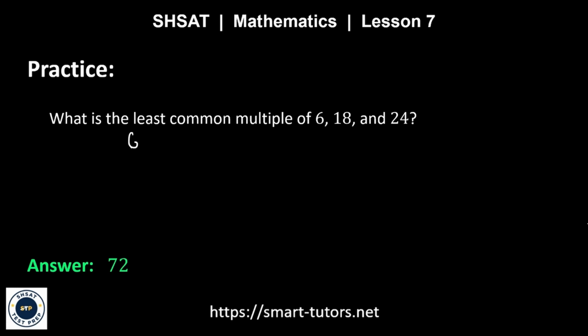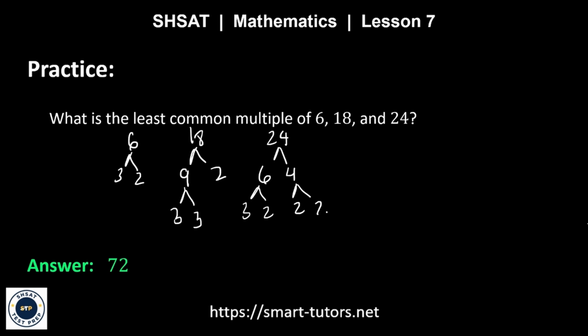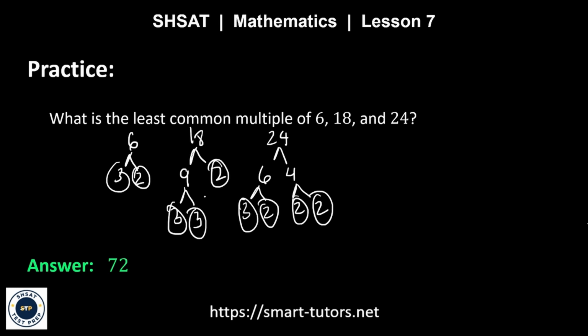You write out the prime factors. Circle the prime factors. So they're all 2s and 3s. Let's start off with 2.